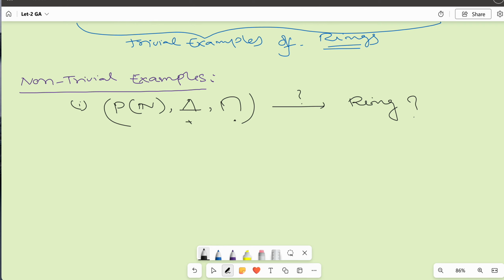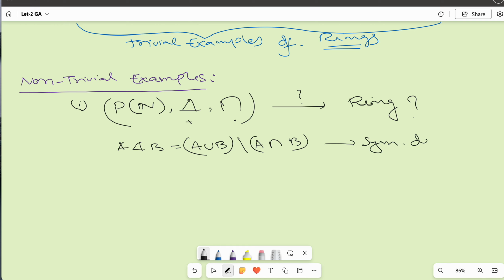Let me define what the symmetric difference is. The symmetric difference of A and B is actually A union B minus A intersection B. This is called the symmetric difference.